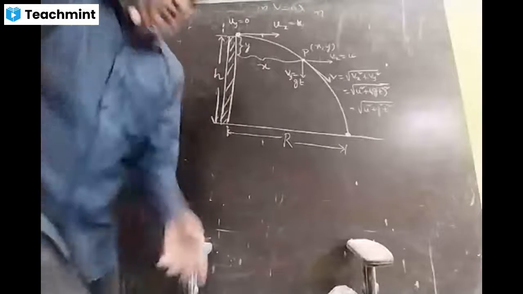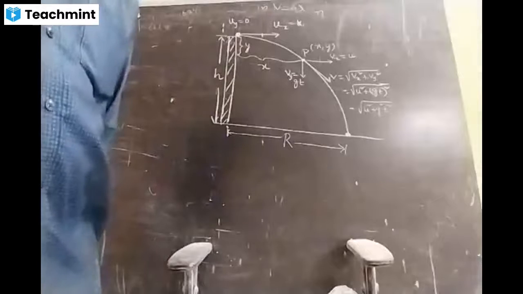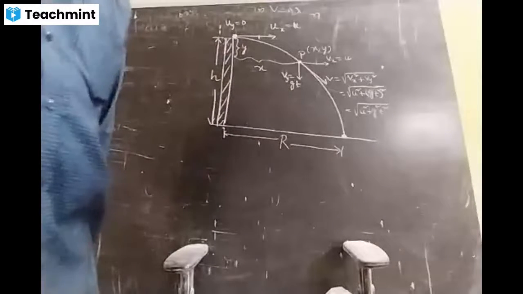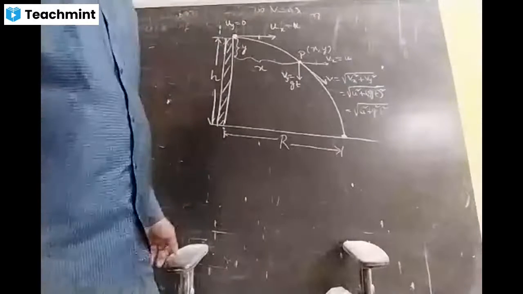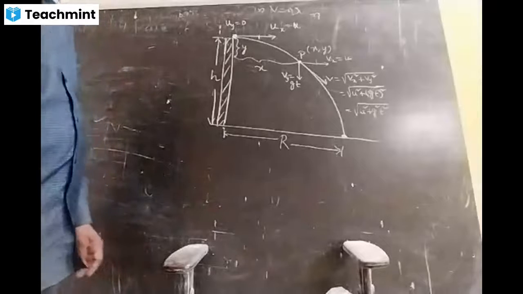I need to show that the path taken by a particle when it is projected horizontally is a parabola.